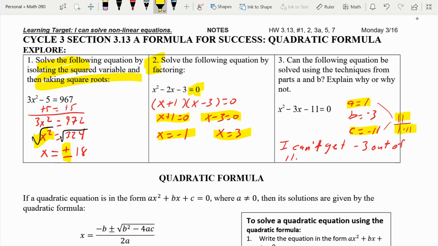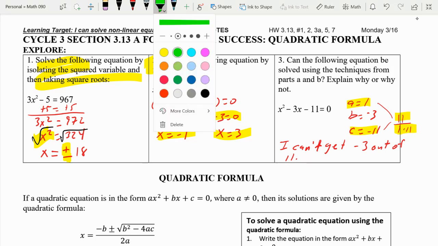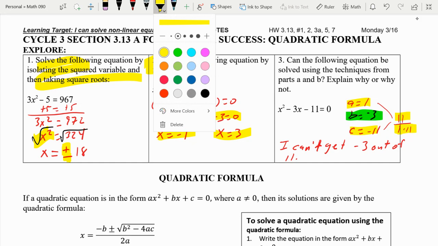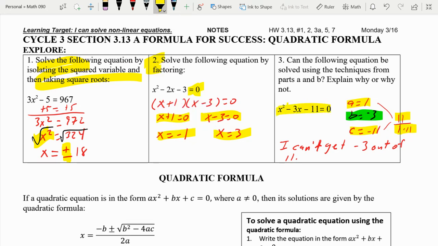Well, I cannot get b using 1 and 11. So the question is, can the following equation be solved using the technique? No, I can't solve it because I can't factor this equation.